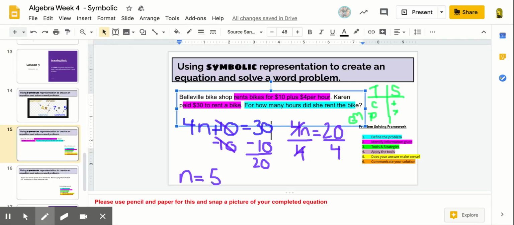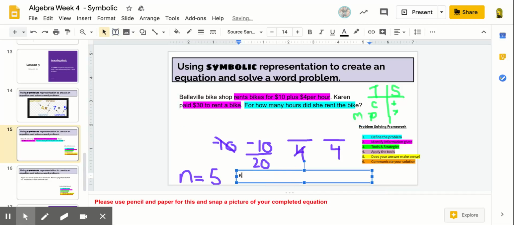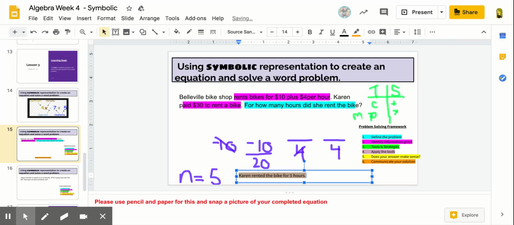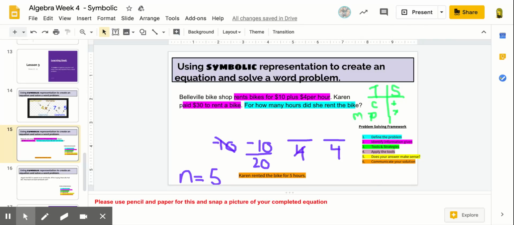I'm going to use a text box to answer my question: Karen rented the bike for 5 hours. Does my answer make sense? Yes, I think it does. And I've communicated my solution, so I'm going to highlight that in orange. Done. Hopefully this makes a little more sense, but I will also meet you guys on Thursday to go over it if it doesn't.